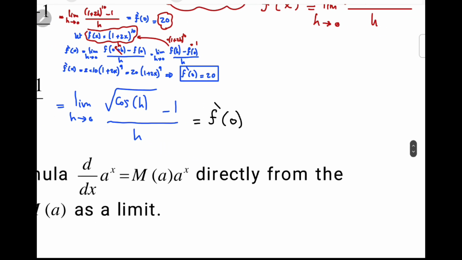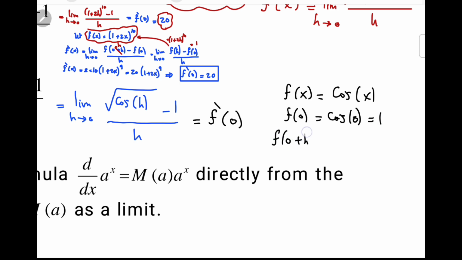So, and what is that function? This function could be f of x. We can try cosine of x, right? Because f of 0 is equal to cosine 0, which is equal to 1, and f of 0 plus h is simply cosine 0 plus h, which is cosine h.